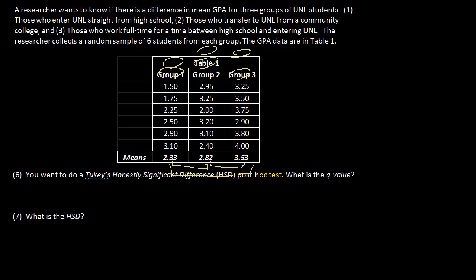Because we rejected the null hypothesis, stating that there was some difference somewhere, and we'd like to find out where the differences were. So we're going to compare these 3 differences and figure out which differences are actually statistically significant.